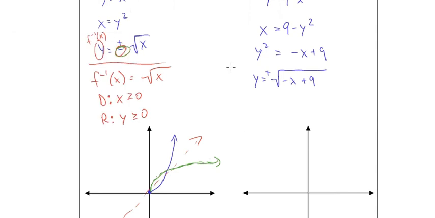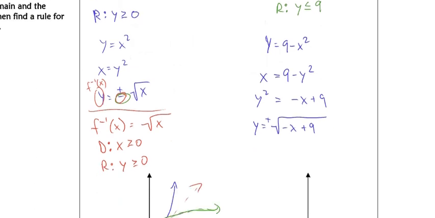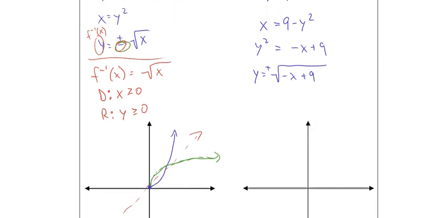Again, we don't need that negative portion because we've already defined our range up here as being less than or equal to 9, and so let's finish up our domain here. What are the x values that we can have?